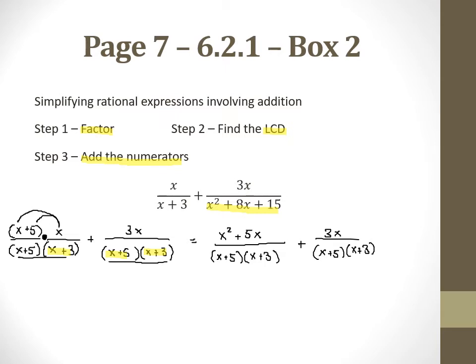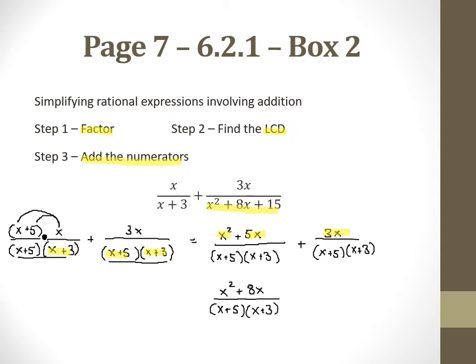So I am adding here x squared plus 5x plus 3x. So there you just want to combine your like terms. X squared doesn't combine with anything, but 5x plus 3x will combine to give me 8x. So we've got x squared plus 8x all over my denominator, x plus 5 times x plus 3.